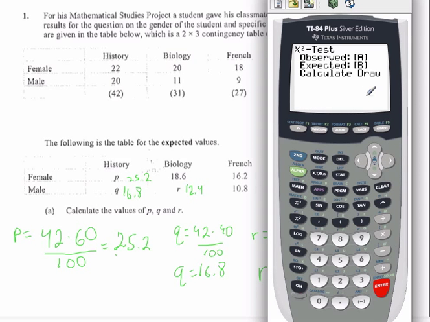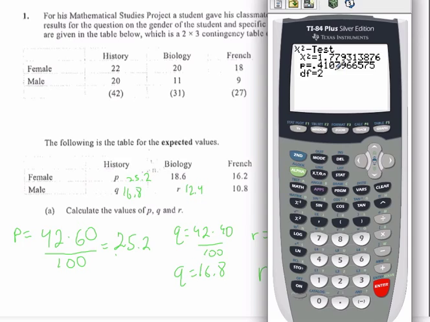So press enter, and you should always put your observed data in A, and that'll put the expected values in B. So I'm going to calculate. Okay, so there's chi-squared. df is 2, so degrees of freedom is 2. And the p-value is right there. We're going to use that p-value in a bit as well.